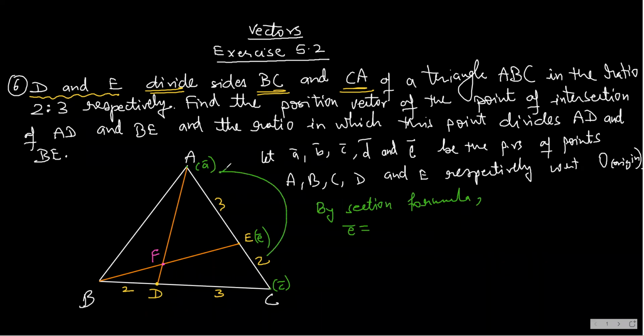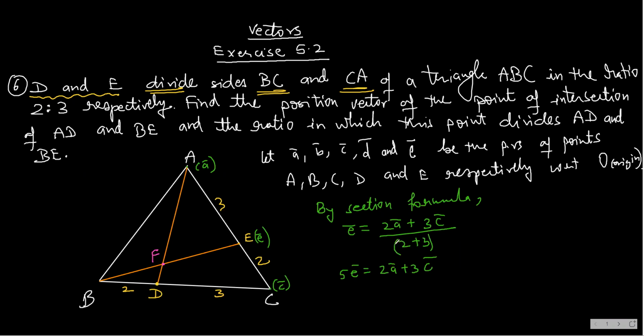See, this 2 will multiply A and 3 will multiply C. 2 plus 3 is 5. So I get here 5E bar equals 2A bar plus 3C bar.